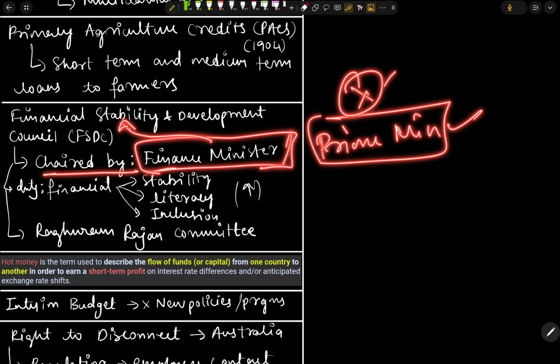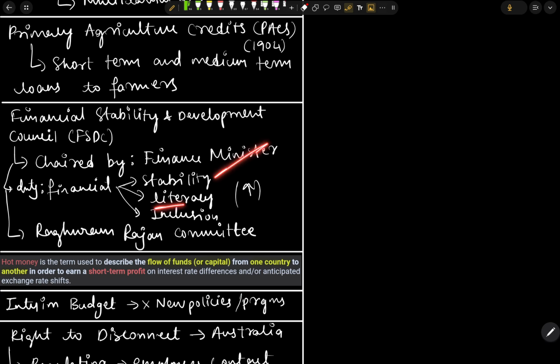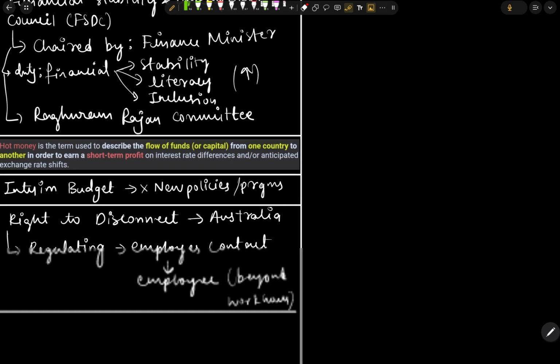We can just remember that as it is a financial thing, it is chaired by the Finance Minister, and its duty is to maintain stability and increase literacy and inclusion of the people of the nation in financial development.